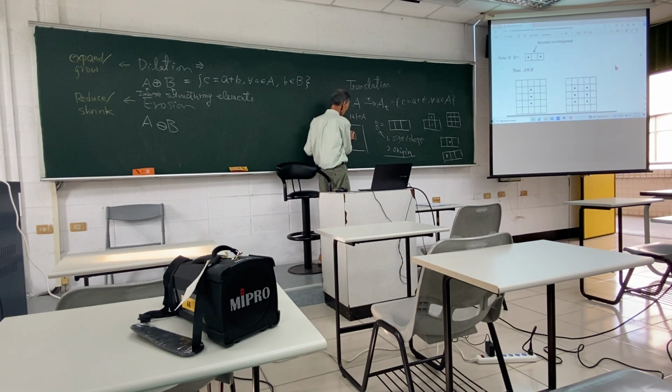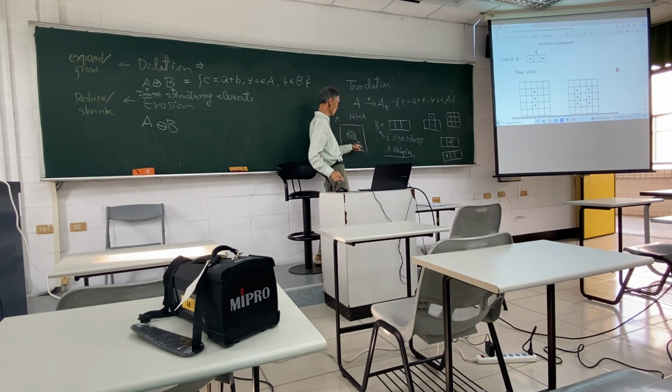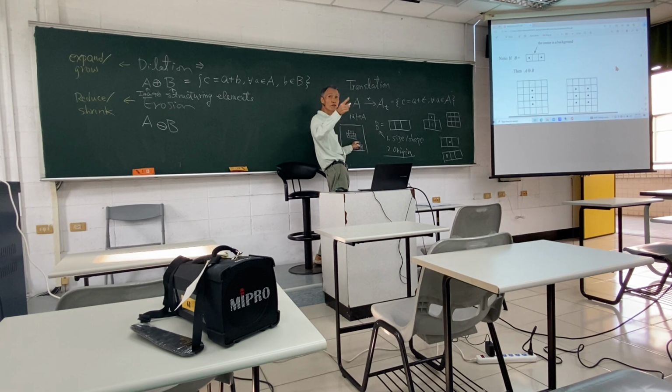Or if you put it here, see that? If I put the origin here, then it will think of these three neighbors in the lower row. But if I put the origin right here, then you will think of these three elements: one to the left, one to the right, one above, on the top. So it will be a little bit different.